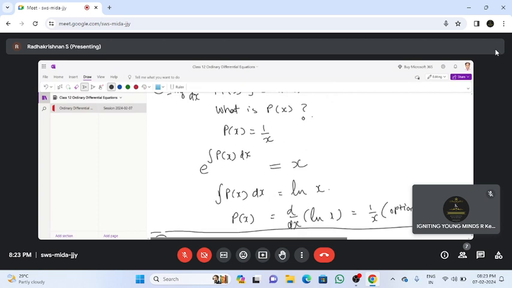Problem number 11. The degree of the differential equation y of x equal to a big infinite series is given. So 1 plus dy by dx plus 1 by 1 into 2 into dy by dx whole square, etc. Now here you have to use the binomial theorem.